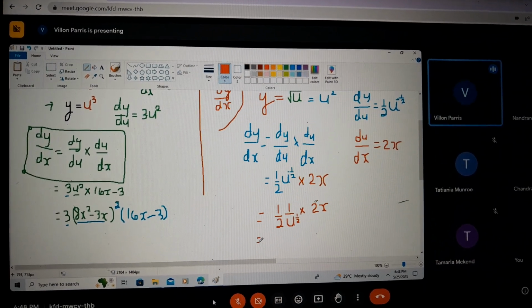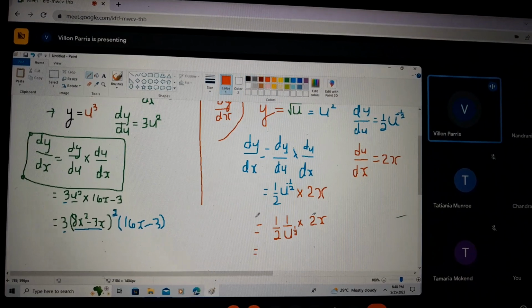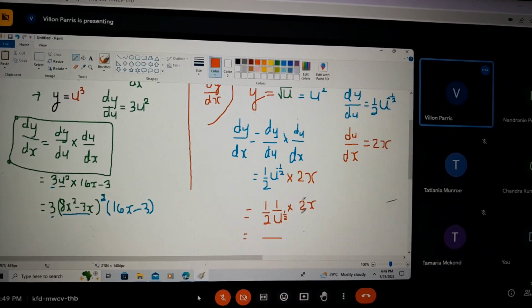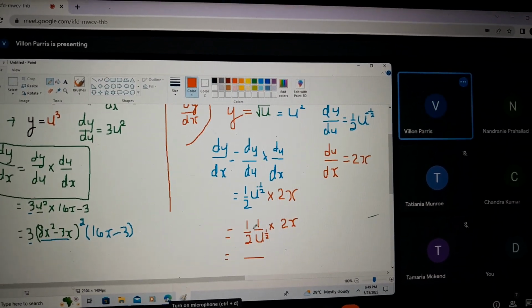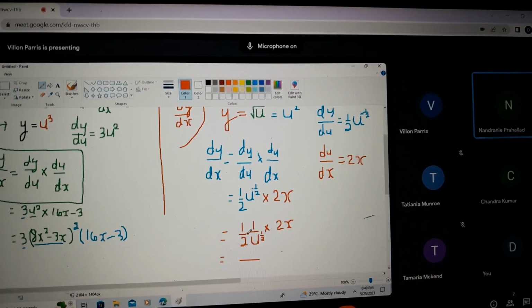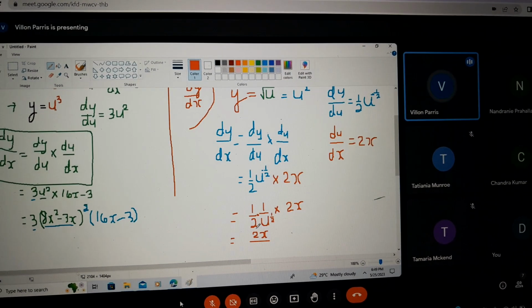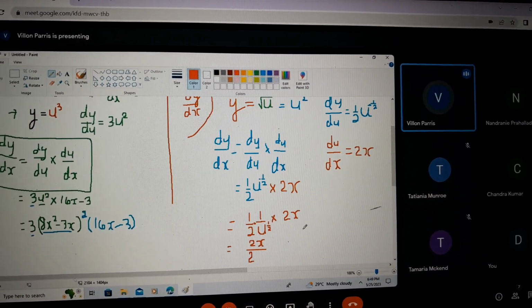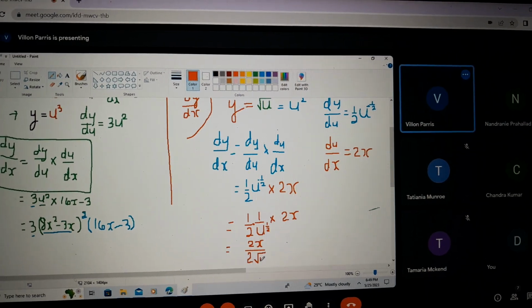Now, I'm going to continue to simplify. So 2x times the ones at the top here, what will be my numerator? 2x. Right, 2x. My denominator will be 2. Now u to the half power is the same as the root of u.